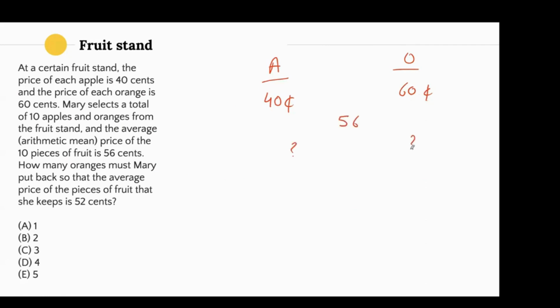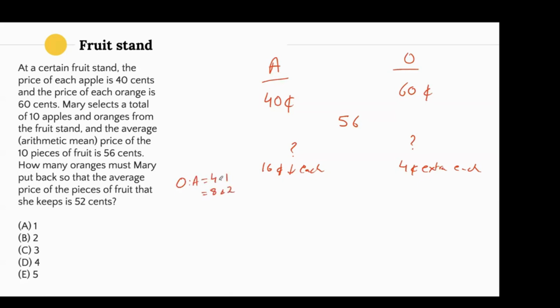But the same logic again. There's 4 cents extra for each orange. There's 16 cents deficit for each apple. So we'll need 4 oranges to compensate for 1 apple. In other words, oranges to apples becomes 4:1. Again, which means 8 oranges and 2 apples.